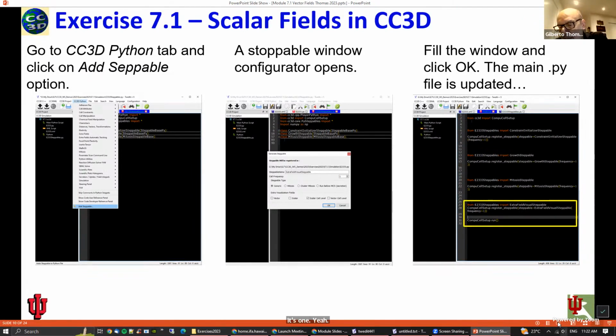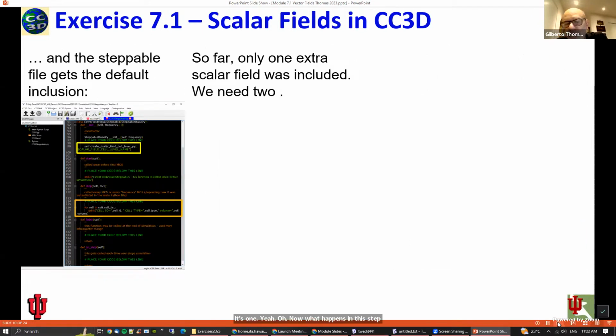Now what happens in the steppable file? In the steppable file, it is open with a series of lines, and in each part of the steppable you are going to define the name of your cell, the name you want.